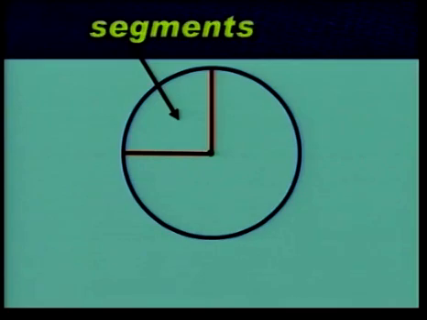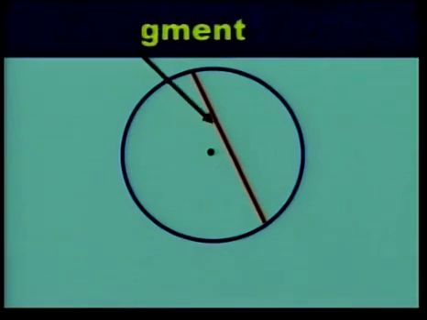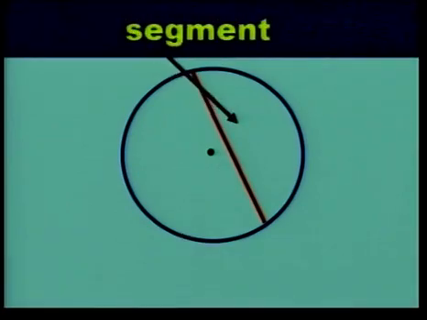Segments, the area bounded by the arc and a chord. And chord is known as a line joining 2 points on the circumference. Sector, the area bounded by an arc and 2 radii.